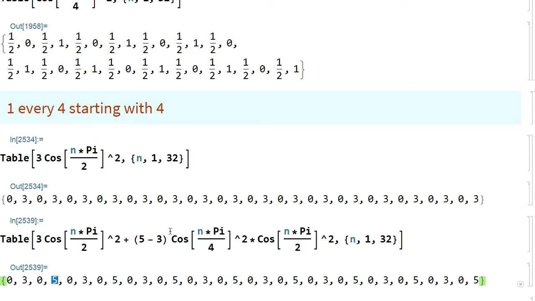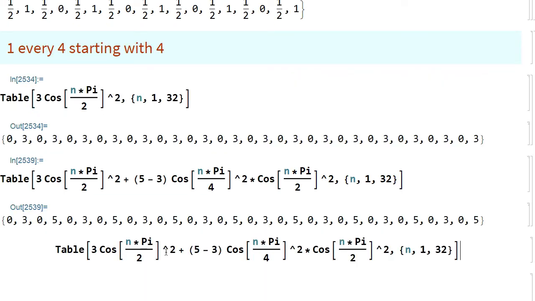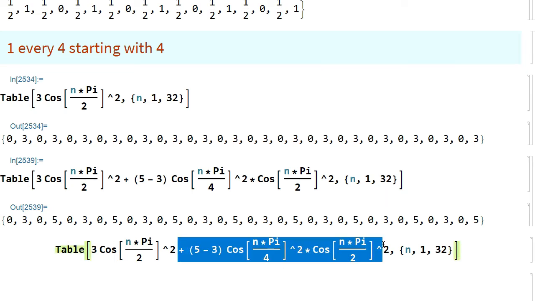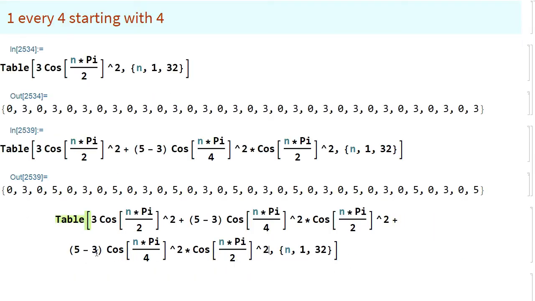So if we wanted to add another one, we would do this. We would have this, and then we want to add, let's say, the next number, and we have to subtract the previous. So this is the previous, so we have to subtract 5.